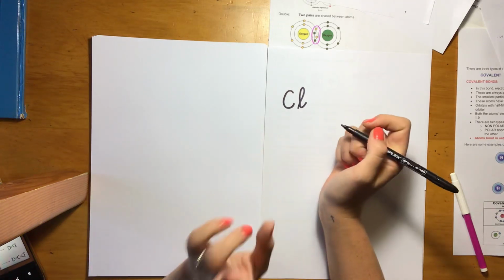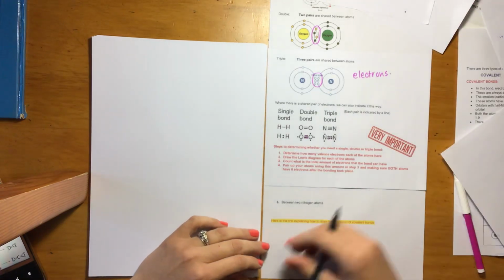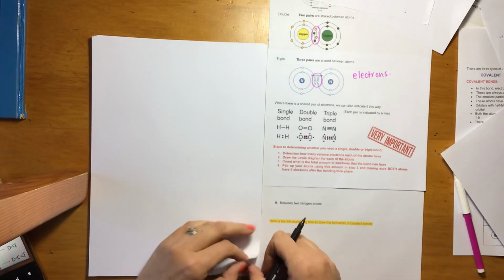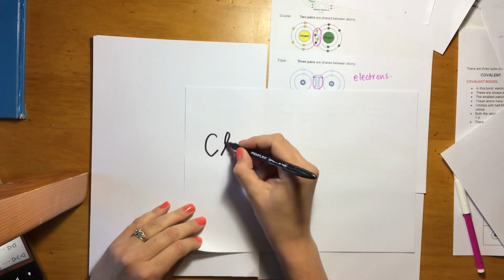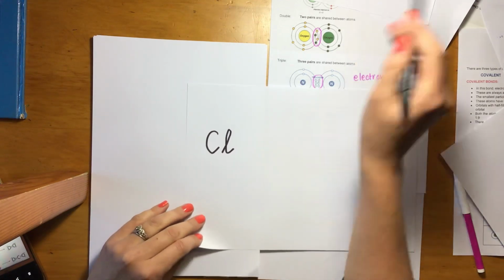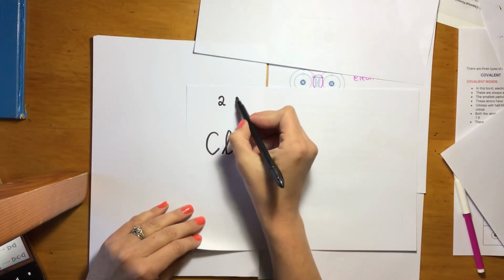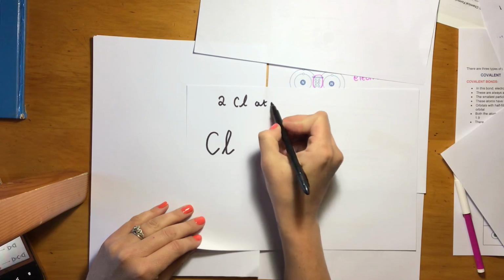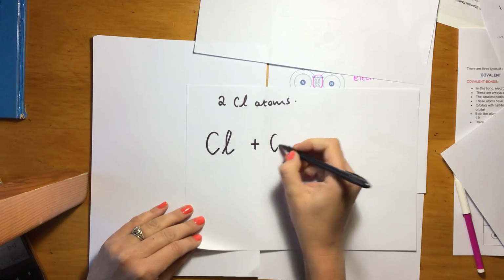Now, we have 2 chlorine atoms. Let me take another piece of paper so I can draw it a little bit bigger. Okay, so we have chlorine here. And I asked you to draw the bond between 2 chlorine atoms, right? So we say chlorine plus another chlorine.